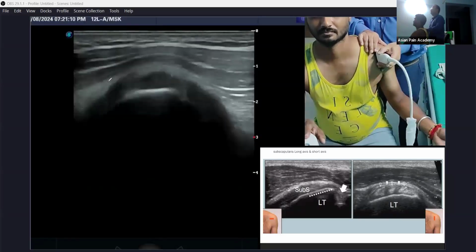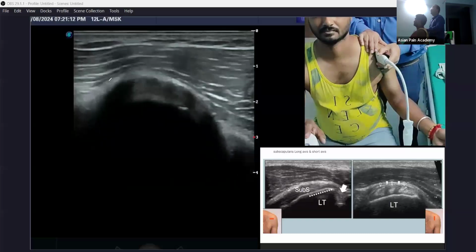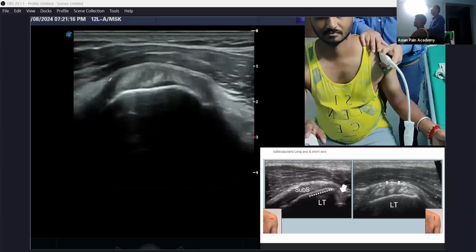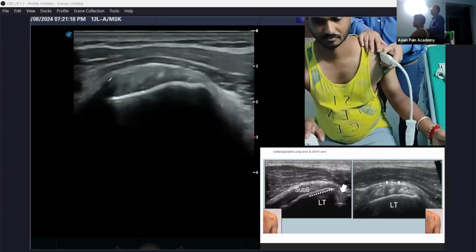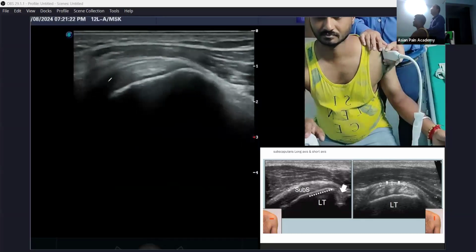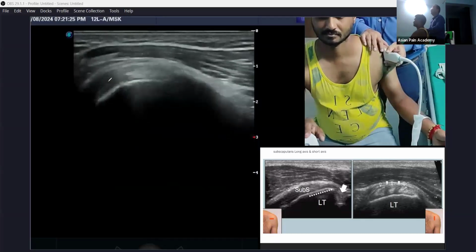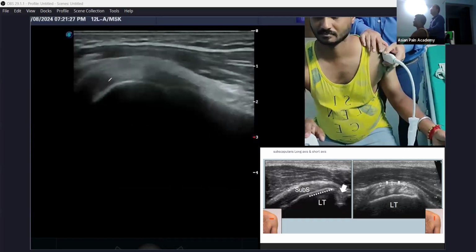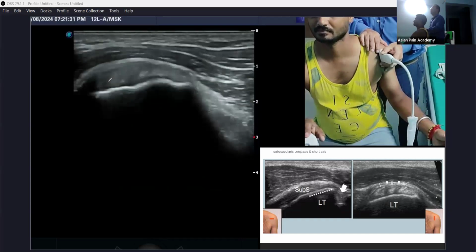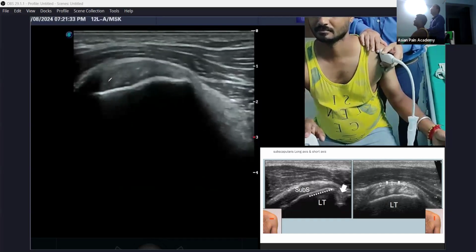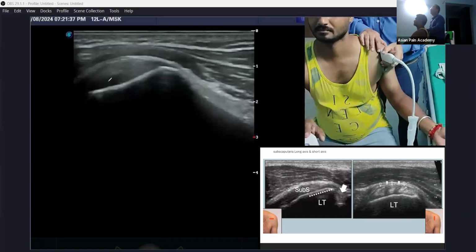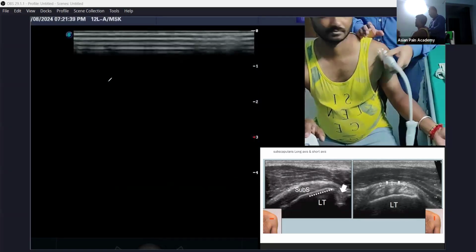So we can see this is the black white picture of your subscapularis tendon, and this is coming to the lesser tuberosity, and it has already joined here. If there is no problem, you will not be able to see otherwise. So this is the area where the subscapularis tendon has already joined.